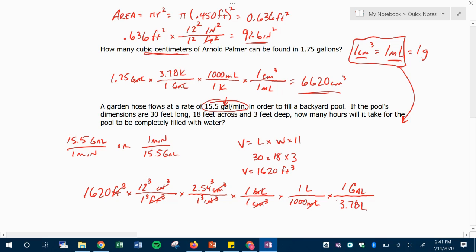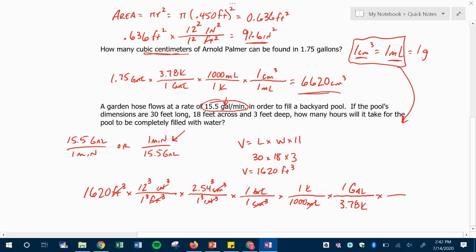And so now that we're in gallons, let's say, okay, now we can use that flow rate or the 15.5 gallons per minute. Earlier we wrote those out, right? And we said it could be 15.5 gallons over 1 minute or 1 minute over 15.5 gallons. Now, that second one is the one that we're going to end up using because that's going to allow us to take something like gallons and turn it into a time.